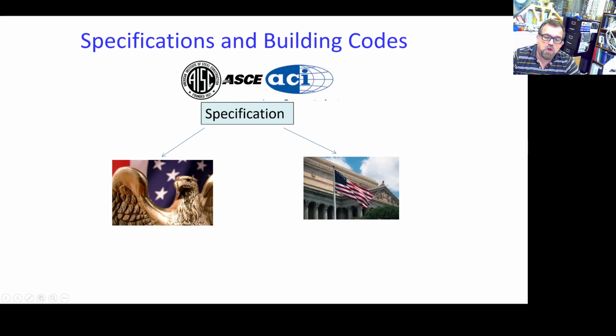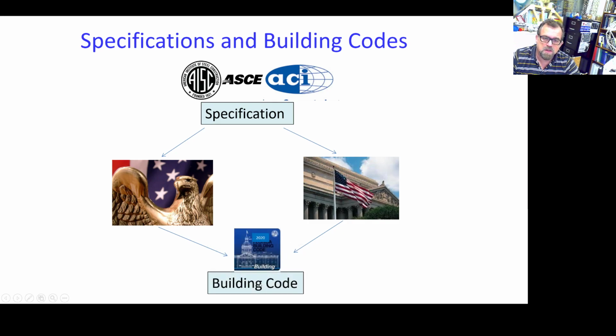Now, when those specifications are adopted and imposed by the government, then they become law and they become building codes. Now you cannot go against the building code. That's a different situation. It's semantic, yes, but this is law and these are recommendations. That's what I would say about that.